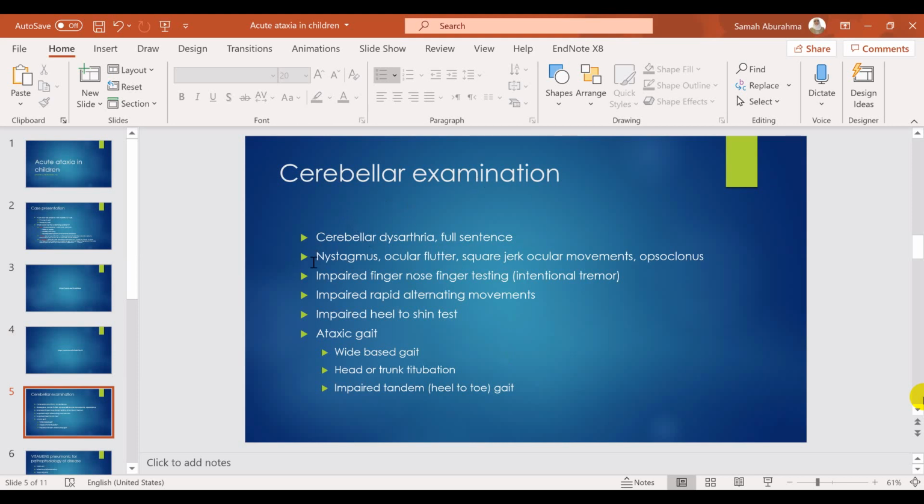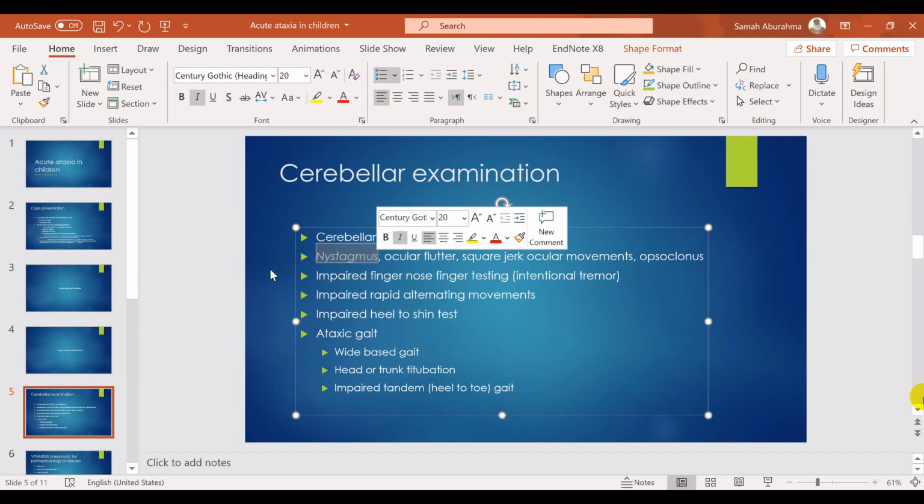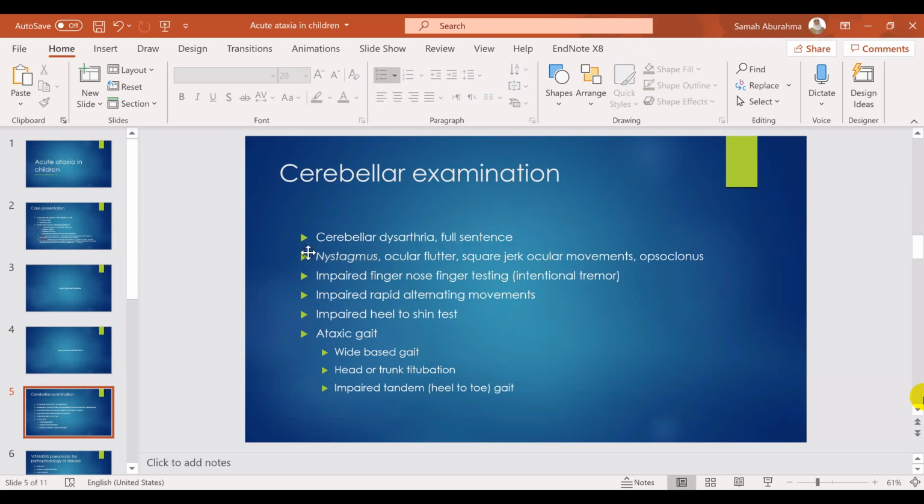The next thing is the ocular manifestations, and you can have many ocular manifestations with cerebellar disease, like nystagmus, which is the commonest. Again, I would encourage you to look up YouTube videos of what nystagmus looks like, and hopefully you'll be able to see it one day on one of the patients on the floor or in the clinic or what have you. Then impaired finger testing, which is called intentional tremor.